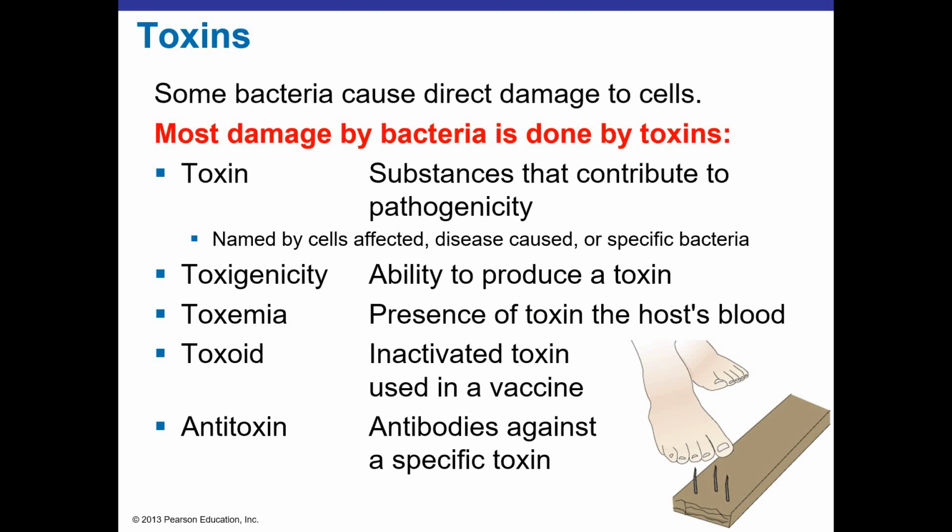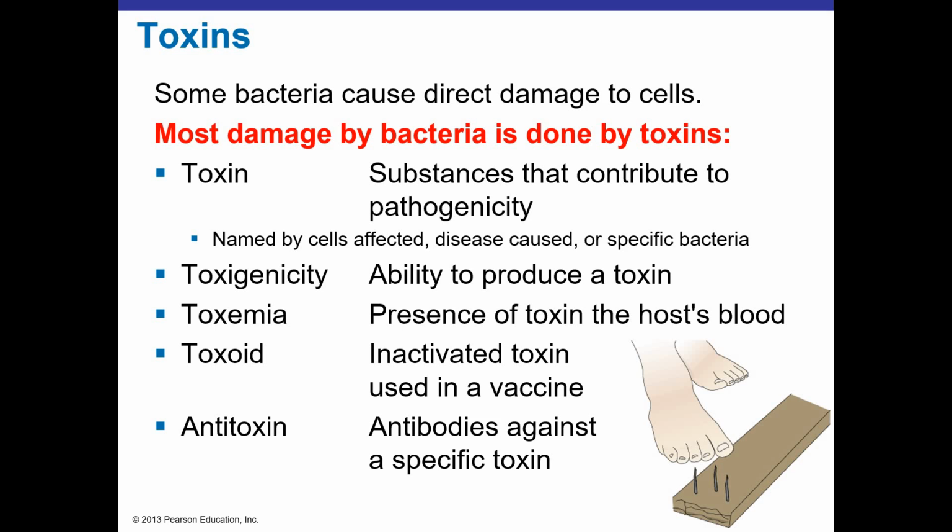By far, most damage is going to be done by toxins produced by bacteria. So we see the ability to produce a toxin is quite important for many of our very prevalent pathogens. In order to protect us against diseases where the toxin is the problem, we often have vaccines that are made against a toxoid.